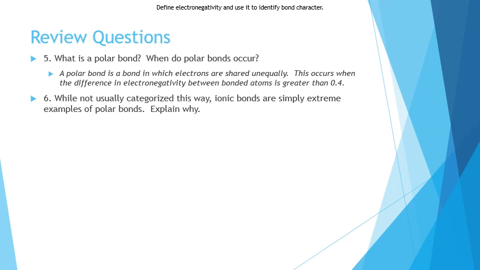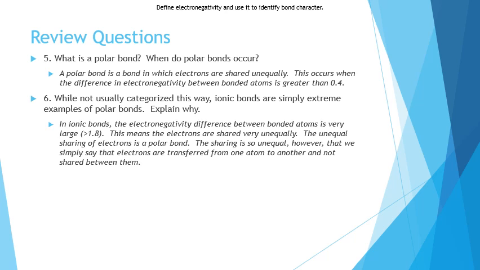Question 6. While not usually categorized this way, ionic bonds are simply extreme examples of polar bonds. Explain why. So if you think about what we just said in the last answer, polar bonds are whenever electrons are shared unequally. Now, ionic bonds, this occurs whenever we have electronegativity differences greater than 1.8.